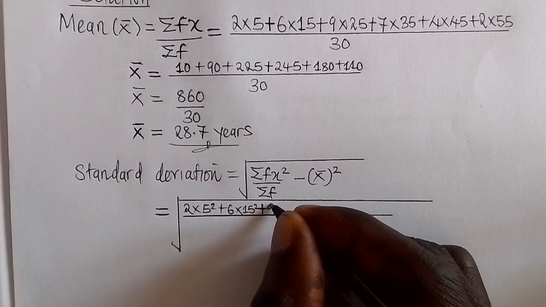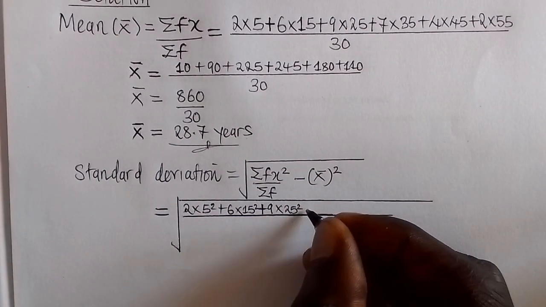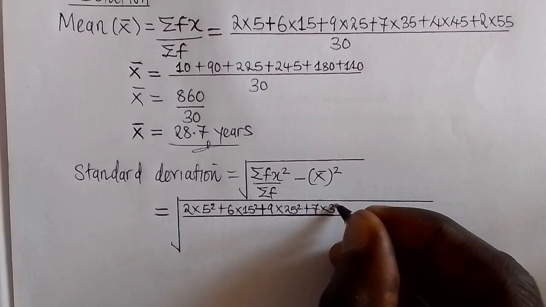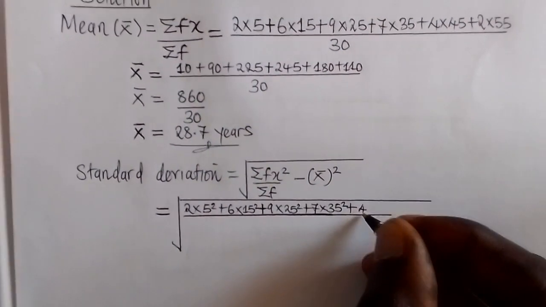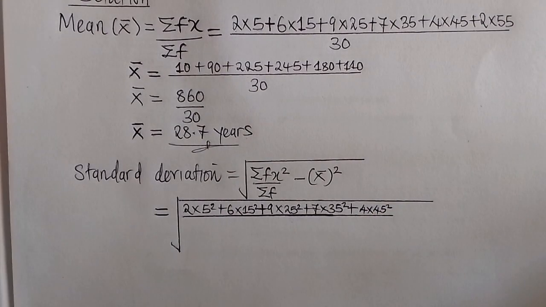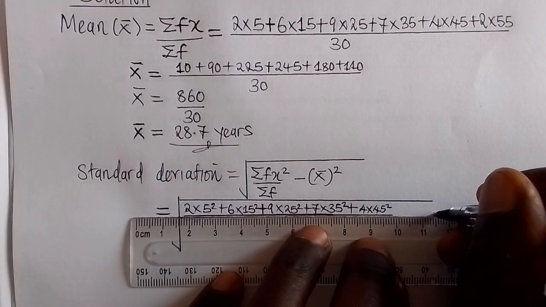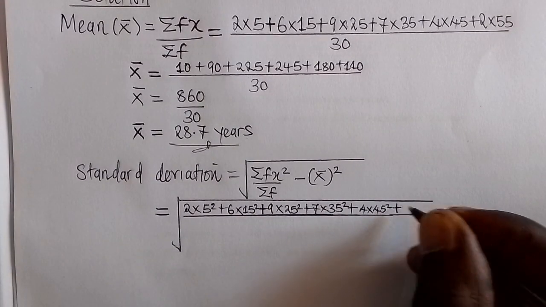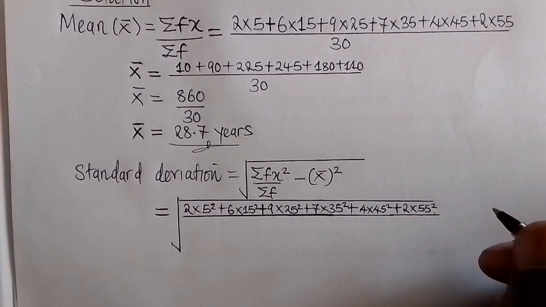Then plus 9 times 25 square plus 7 times 35 square, then plus 4 times 45 square. Okay, we have to extend our line. Plus 2 times 55 square.